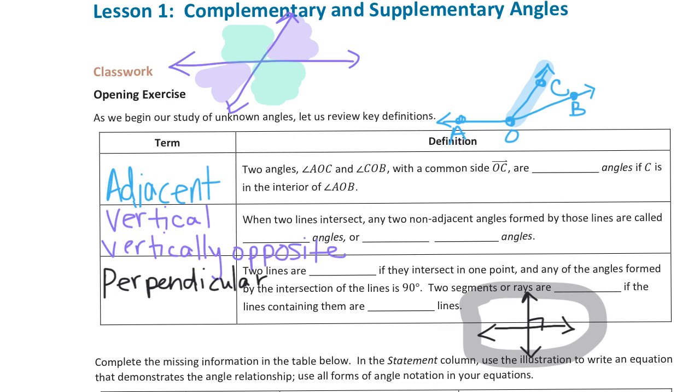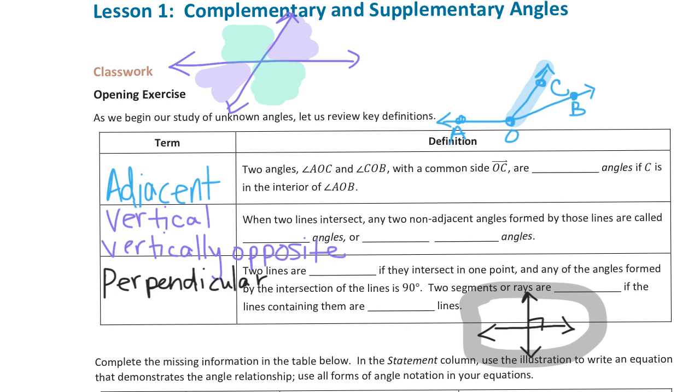In the first term, two angles, angle AOC and angle COB, with a common side of ray OC, are adjacent angles if C is in the interior of angle AOB. So I've drawn a picture for you, the one in blue. They share that ray OC, and so adjacent by definition means side by side.